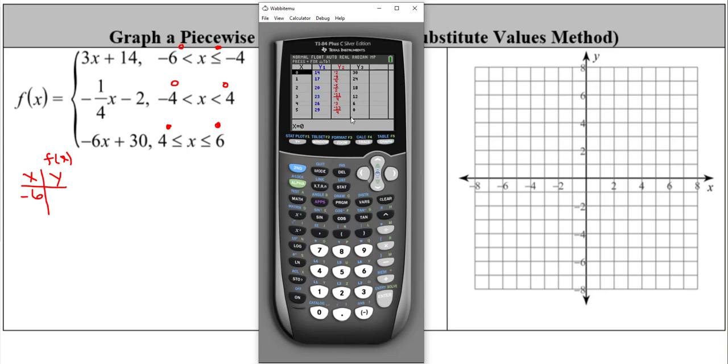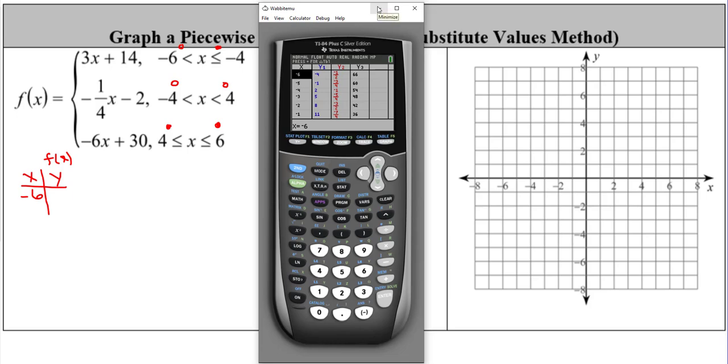Now when we go to our table, if we do second and table, we're going to see all of these values here. So for our XY table, we want values for -6 and -4. So if we go up to -6, when x is -6 for my first function, y is going to be -4, and when I have -4, it's going to be +2.